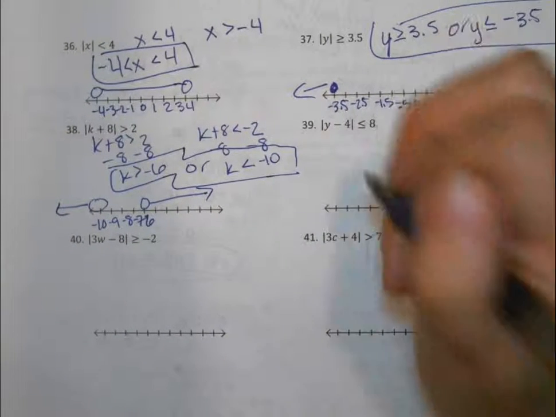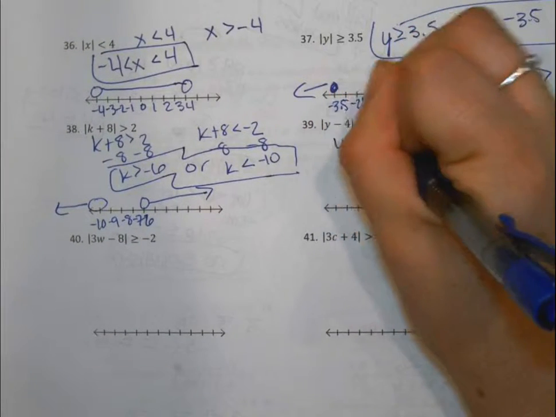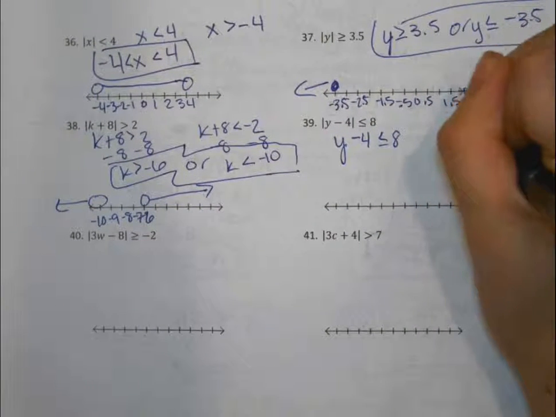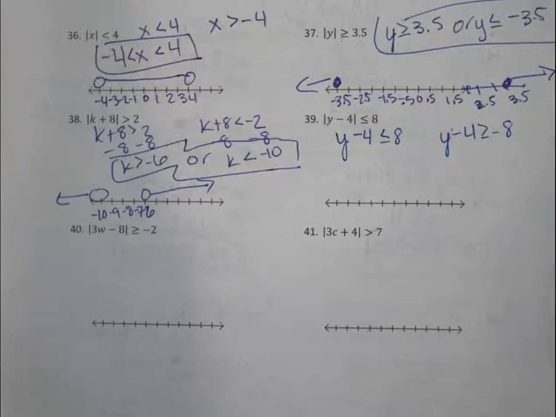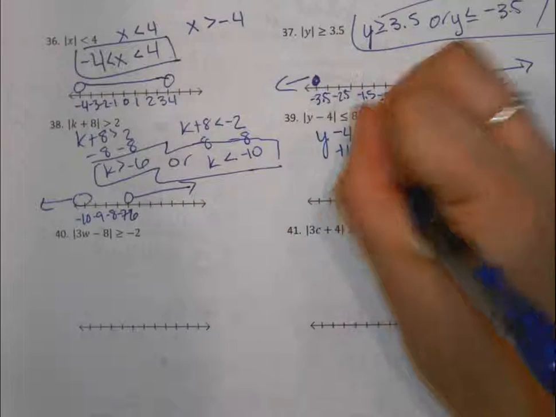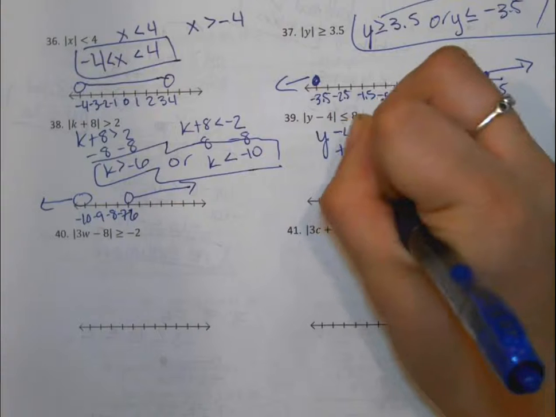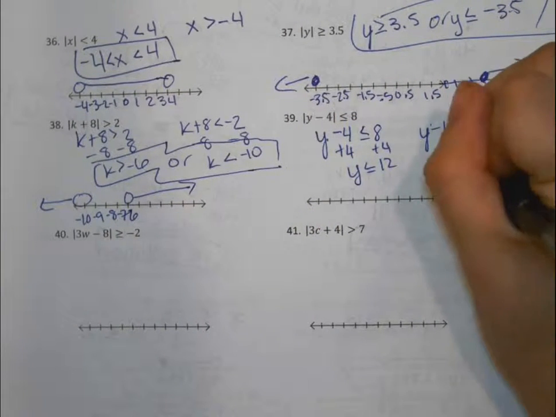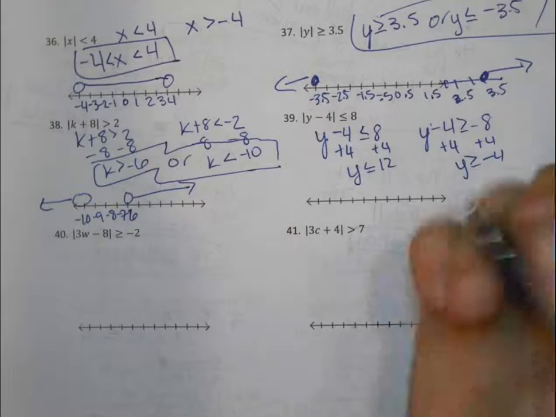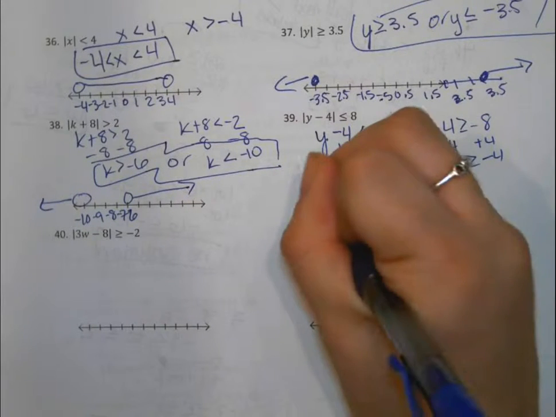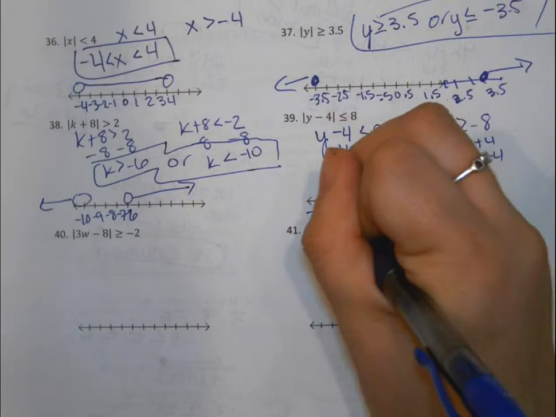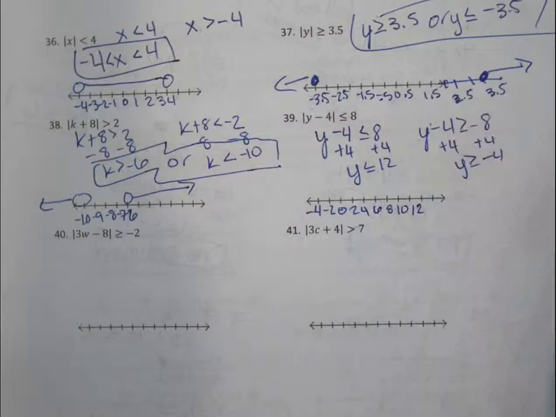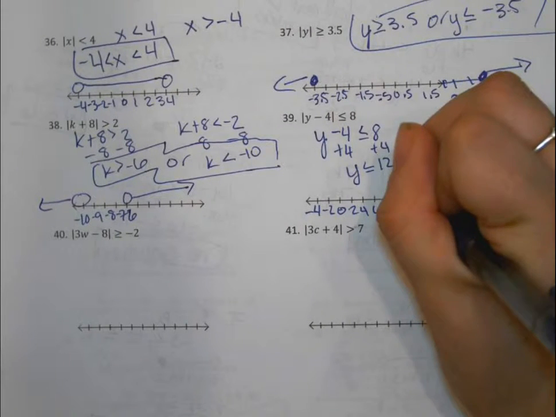Number 39, I'm going to split into 2. I have y minus 4 is less than or equal to 8. And y minus 4 is greater than or equal to negative 8. Add 4 to both sides. Y is less than or equal to 12. And then add 4 to both sides. Y is greater than or equal to negative 4. 12 gets a solid circle.